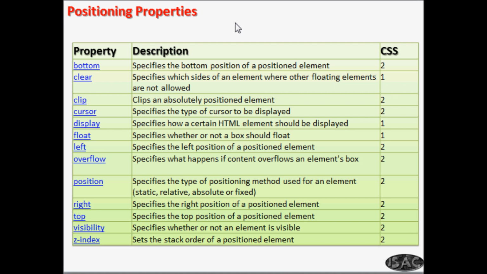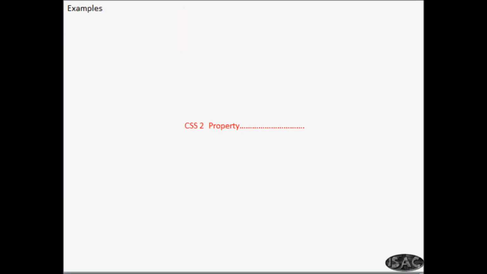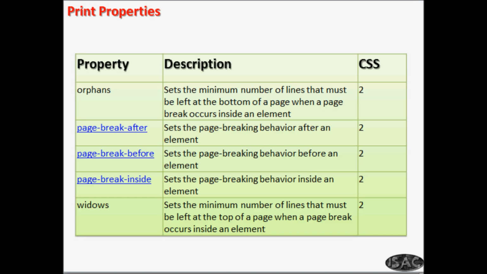Now if we talk about the positioning properties, so these all, bottom, top, left, right, all these are not new, it is an old property of CSS1 and CSS2, right? Overflow, position, visibility, z-index, and all. If we talk about the print properties, we have page break after, page break before. So these all are again old properties of CSS1 and CSS2.